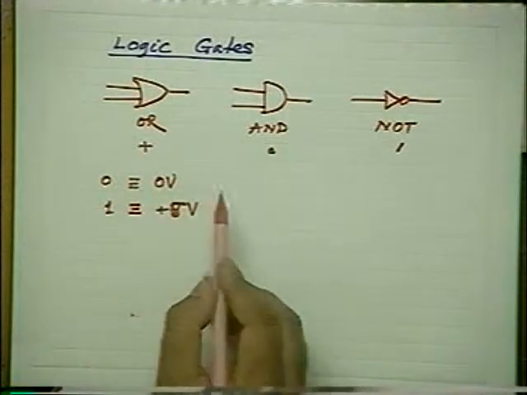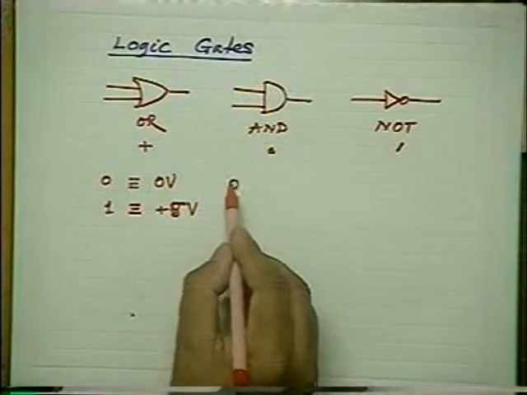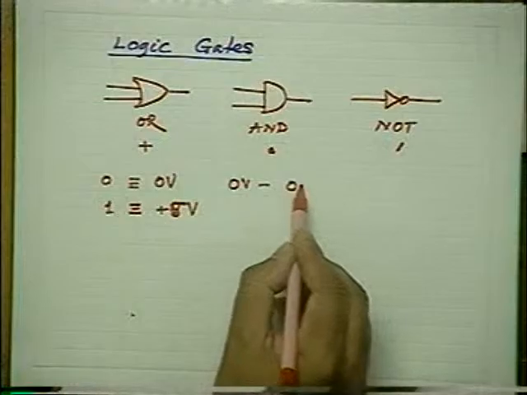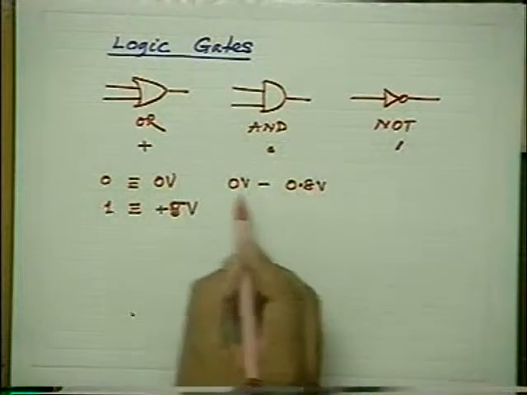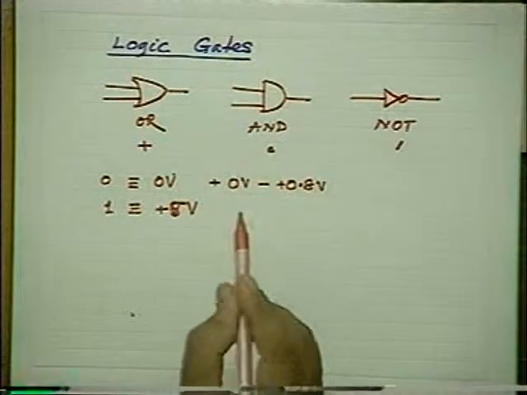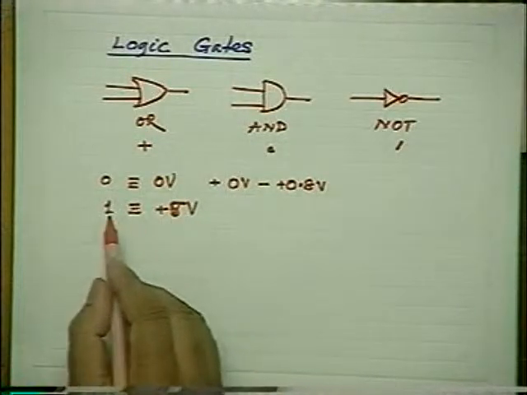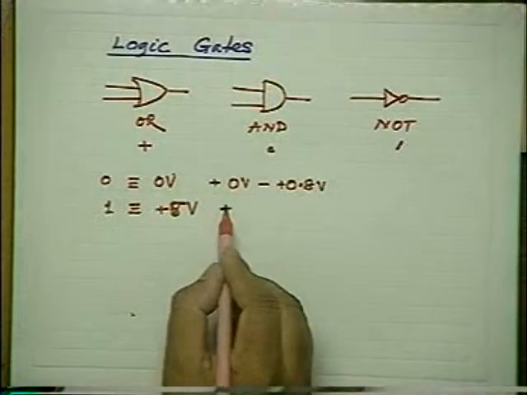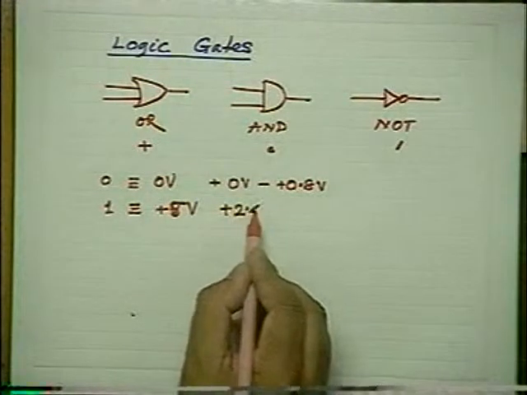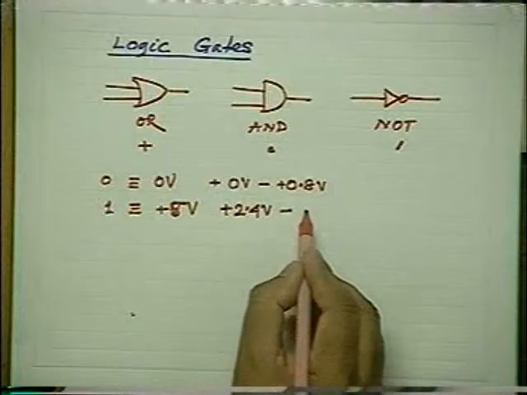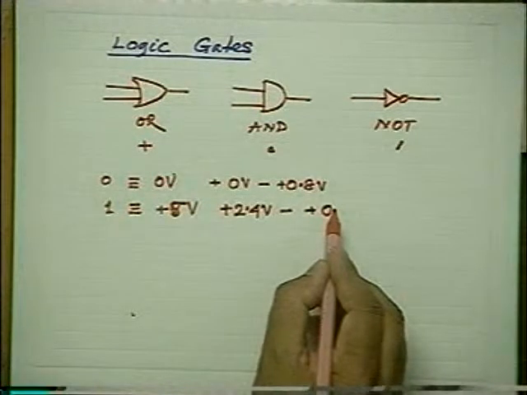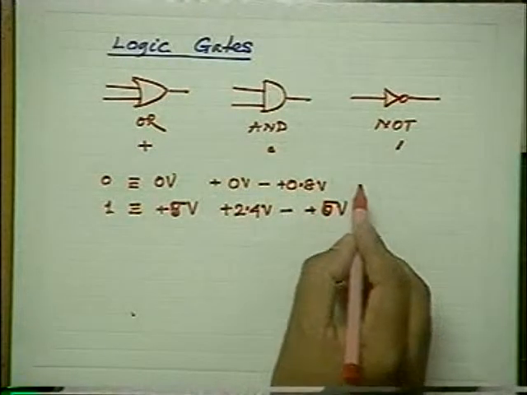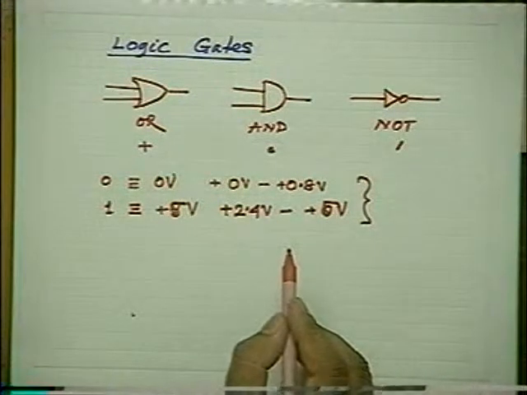Possibly 0 will represent a voltage from 0 volts to, say, 0.8 volts, and a 1 level will be represented by some voltages, say +2.4 volts to +5 volts. These are the levels we will maintain.